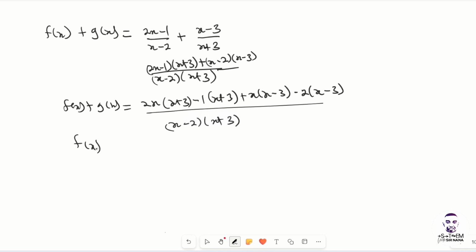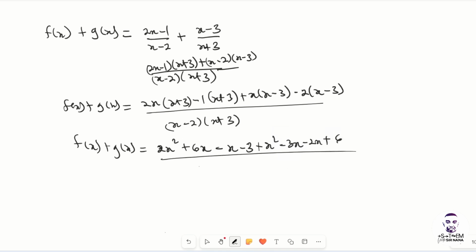So our f of x plus g of x will be equal to 2x squared plus 6x, right, minus x minus 3, right? So we are going to have plus x squared minus 3x minus 2x plus 6, right?